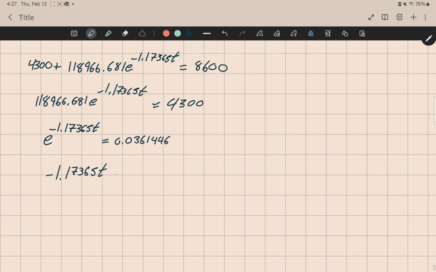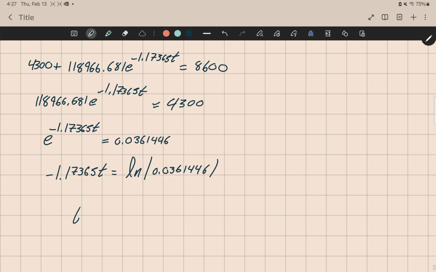All right. And then natural log, we get that negative 1.17365 t down, and we have the natural log of 0.0361446, and that's going to be negative, again, less than 1.